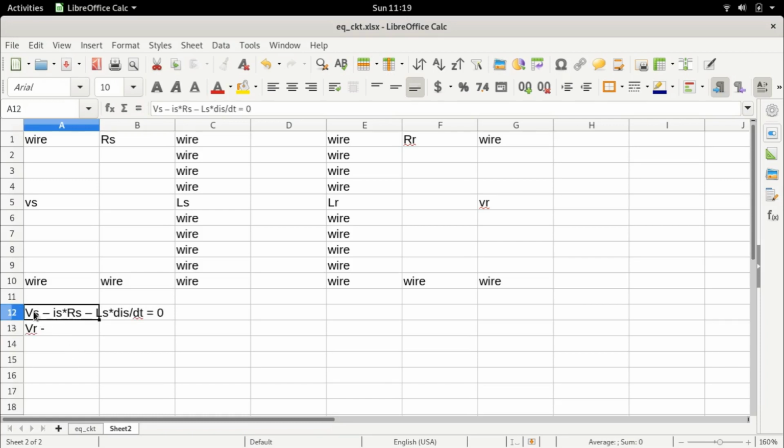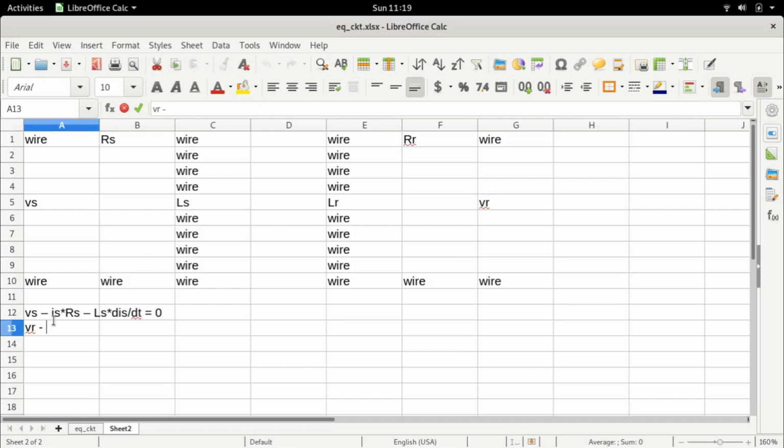Now, since it is a dynamical equation, I will write all the variables as small letters. So vs, vr, these are all with small letters, and this implies that these are actually time varying equations, right? Typically when we use capital letters, it means they are RMS. When we use small letters, these are actually time varying variables.